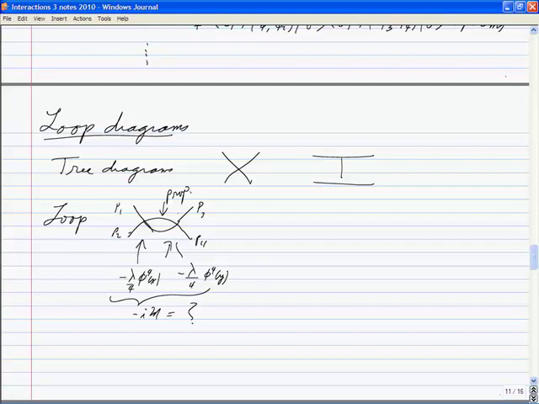So trees tend to be products of numbers. Loops tend to have an integral in them. And that's what we pull out next time, and at the end of that time, we will write down all the Feynman rules for you. So one more somewhat painful development, and we write down the Feynman rules, and then we throw away all this development stuff and just live with the Feynman rules. Okay. Good. See you next time then.